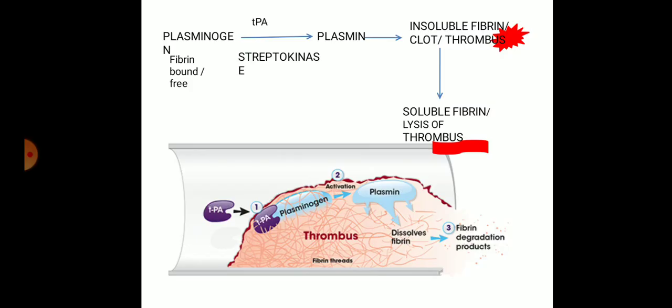The drugs we use all do the same thing, whether it is streptokinase, urokinase or recombinant tissue plasminogen activator. They convert plasminogen to plasmin and help in dissolving the clot and recanalizing the occluded blood vessels, thus saving a patient with acute myocardial infarction or even stroke.